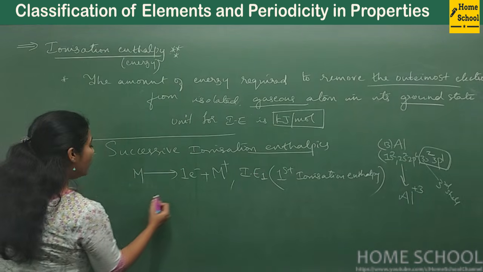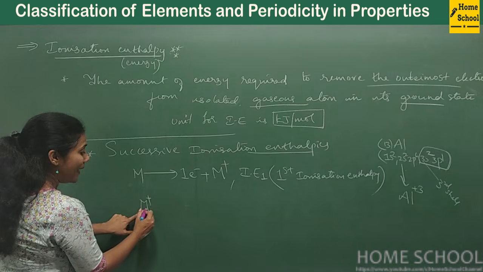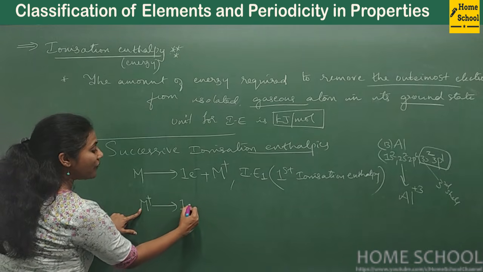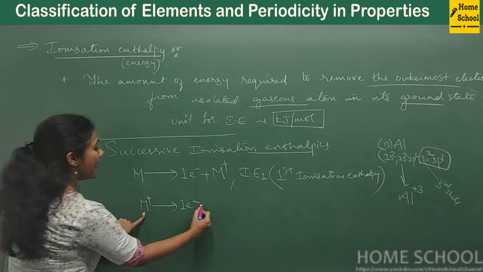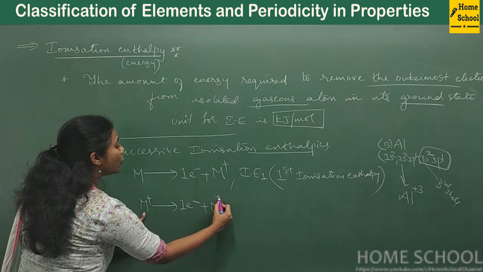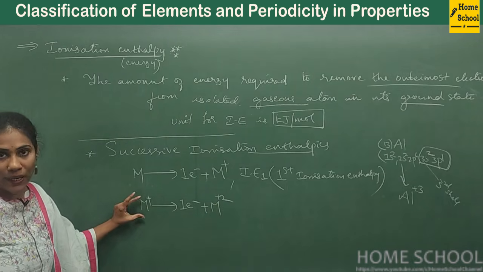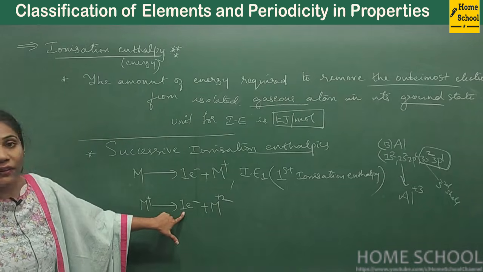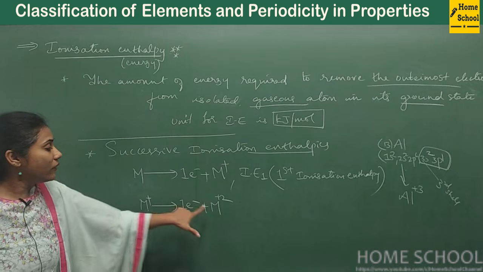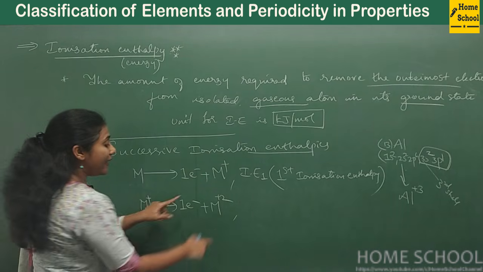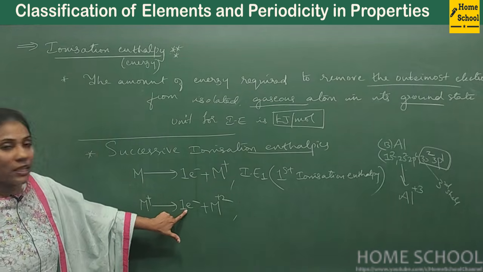Now M plus is there. From M plus you have removed one more electron and this M plus gets converted into M plus 2. Actually this is the second outermost electron.